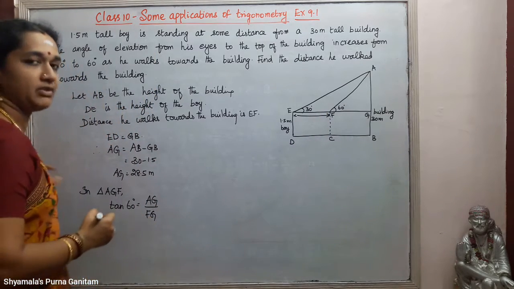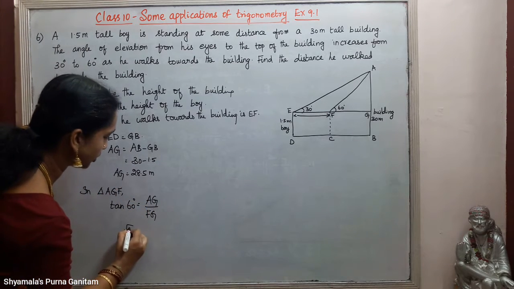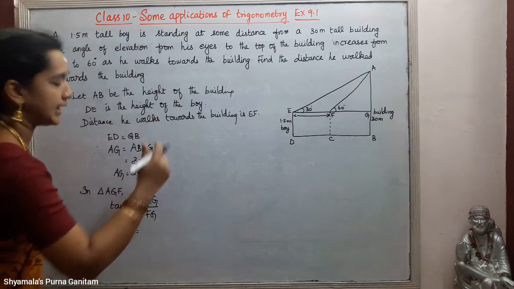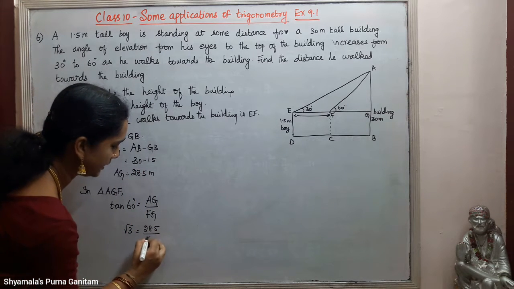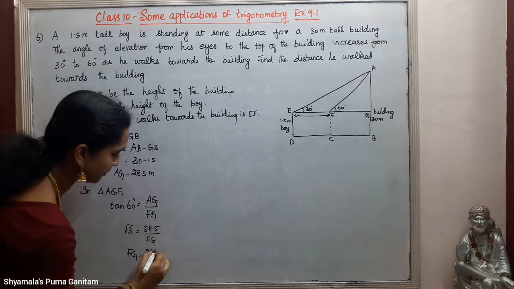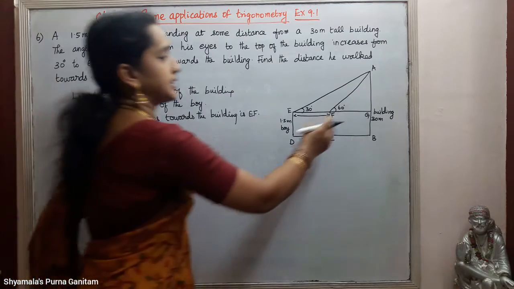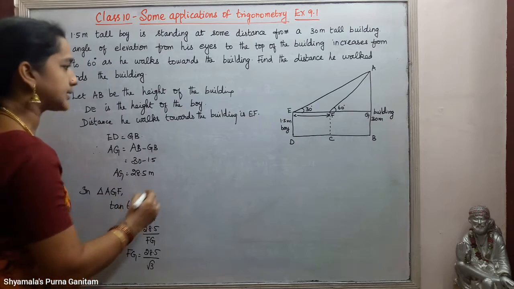We know that tan 60 is root 3. So root 3 is equal to AG, which we found as 28.5, by FG. So FG is equal to 28.5 by root 3. We will keep it as it is.